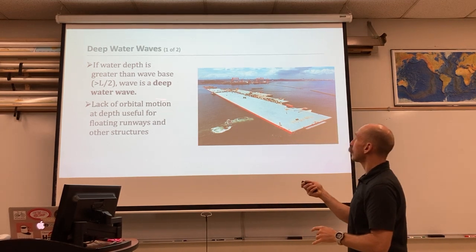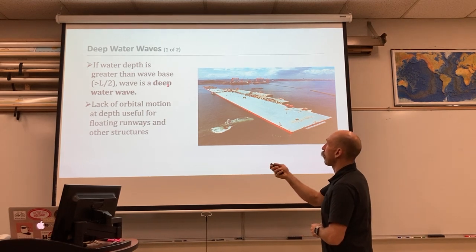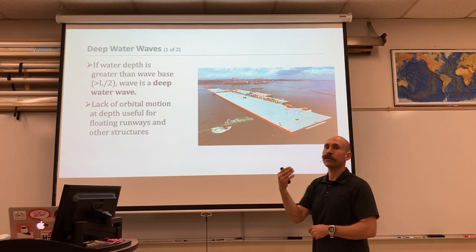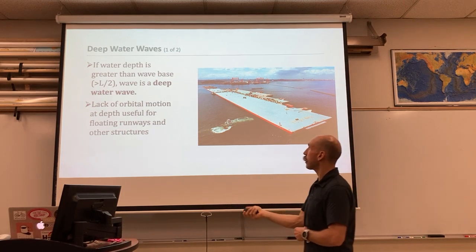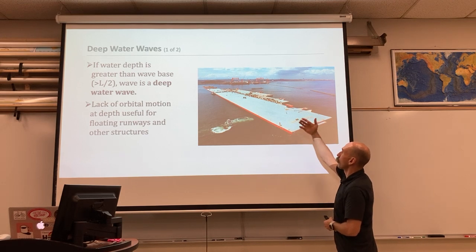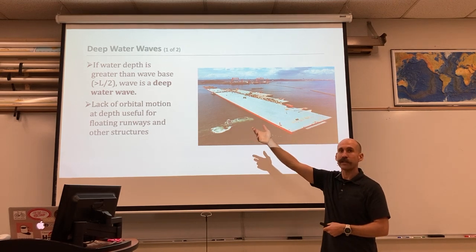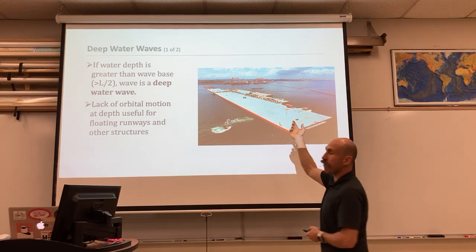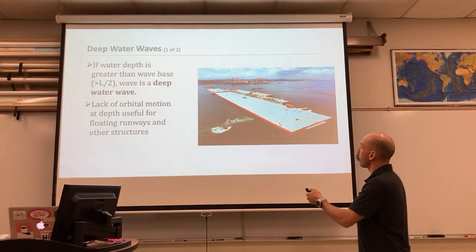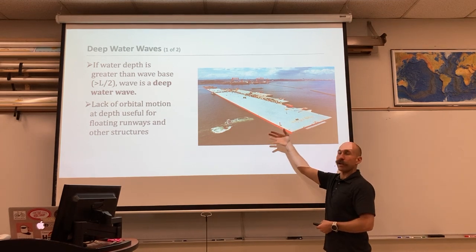It's important to know this because we can look at deep water waves and understand about how deep the orbital motion is going to be, and then use this information to create structures like floating runways, wave power generators, or buoys in the ocean that we don't want to be affected by the deep water waves.